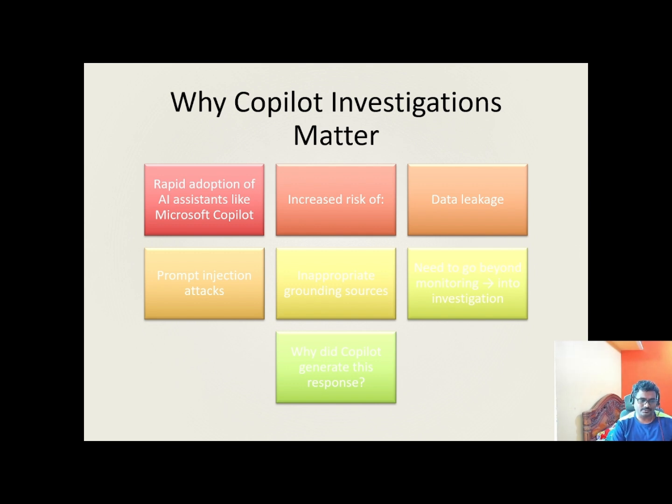Inappropriate grounding sources. Say I have a personal agent which I developed in Copilot, and I restricted it to specific OneDrive and SharePoint sources and even some public articles. So I made sure that this Copilot shouldn't go outside the organization, and that the grounding of data shouldn't come from anything except these three data sources which I've given to it.